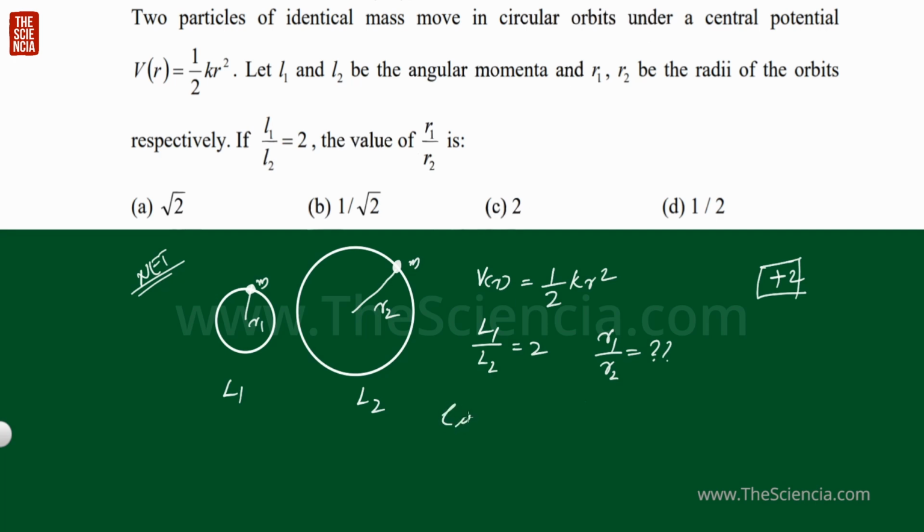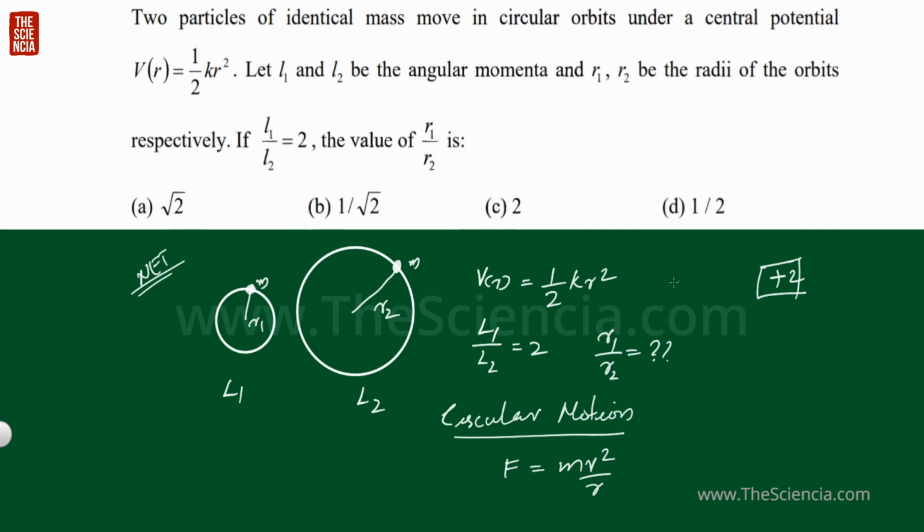For a circular motion we know the force is equal to mv square by r. That is the centripetal force. Some centripetal force is required for the circular motion, and that F is equal to mv square by r. Right.